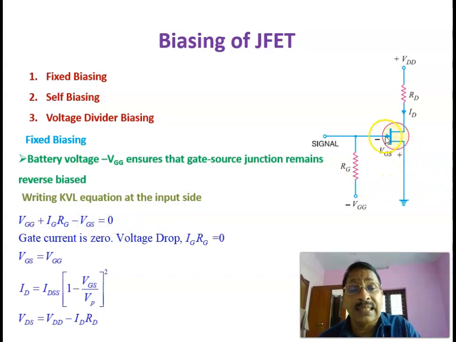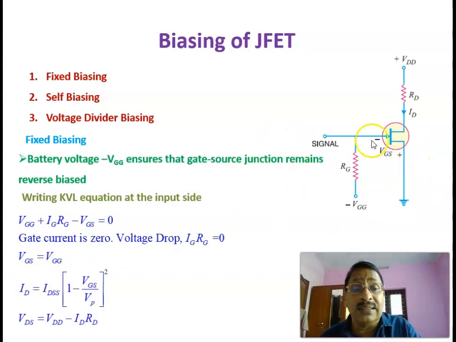But since the input impedance is very large, the gate current will be almost 0. That is why we put IG into RG equal to 0. From this equation, we get VGS, gate to source voltage, is the same as VGG. For example, if you are applying minus 4 volt, VGS equal to minus 4, because the current is almost 0. Therefore, VGS is the same as VGG.